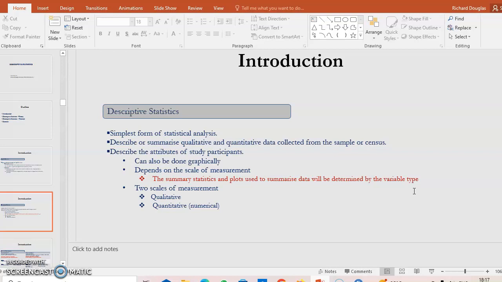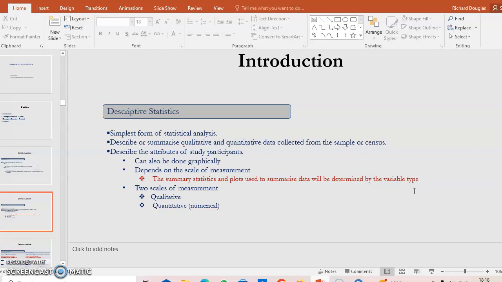So in summary, descriptive statistics is the simplest form of statistical analysis, and as I've said, it is used to describe or summarize qualitative and quantitative data collected from the sample.